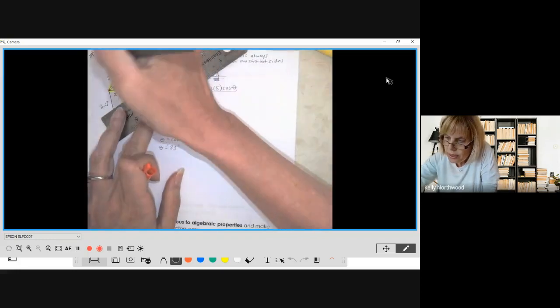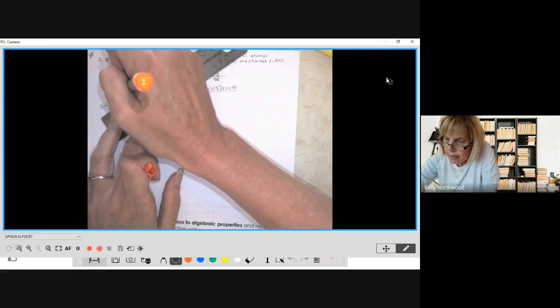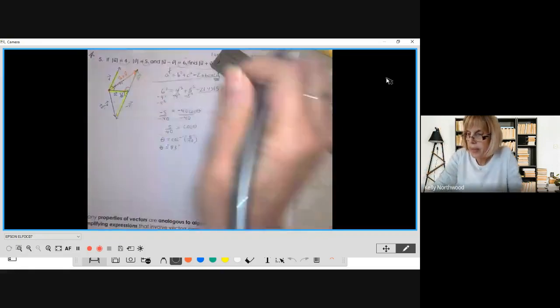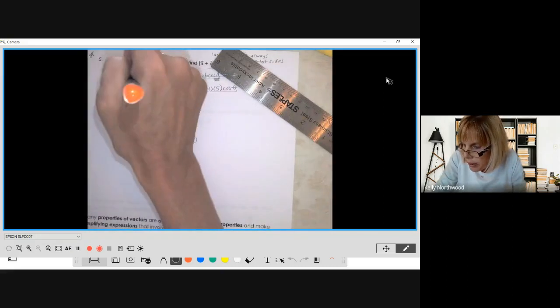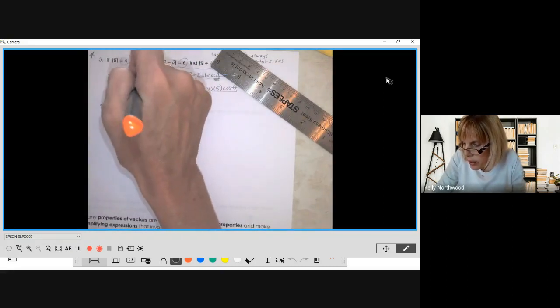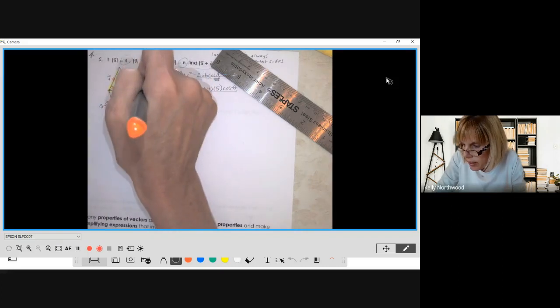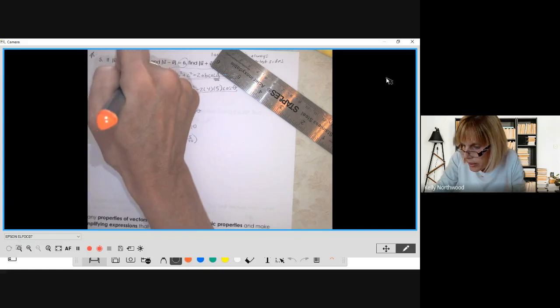And now I've drawn in vector u plus v. And this angle here, because I've got parallel vectors, I formed a C pattern. This angle in here is going to be 180 minus 83 degrees, which is 97 degrees.